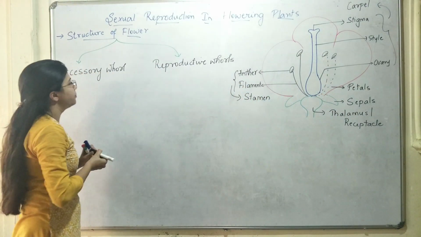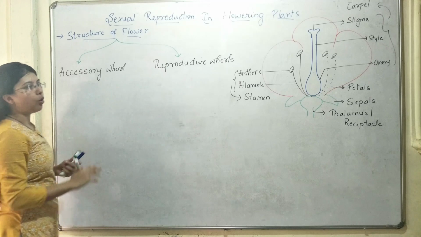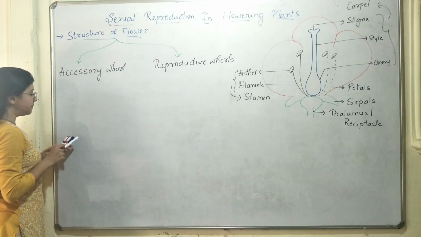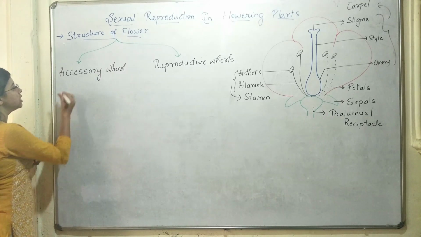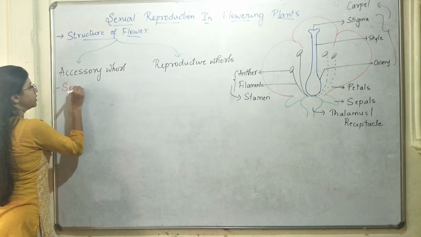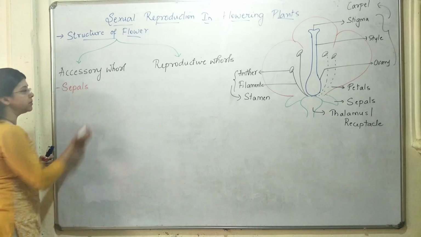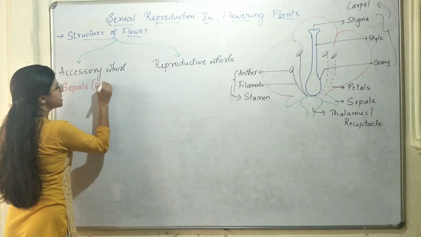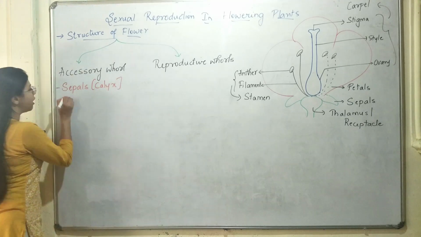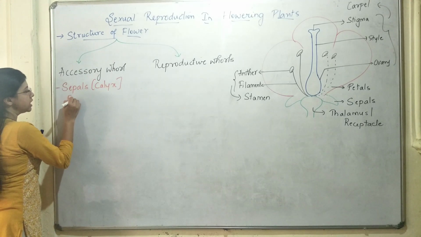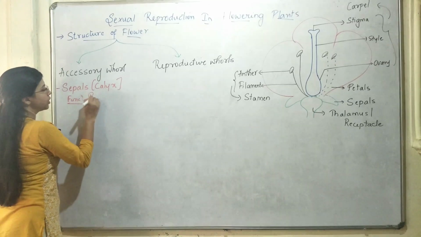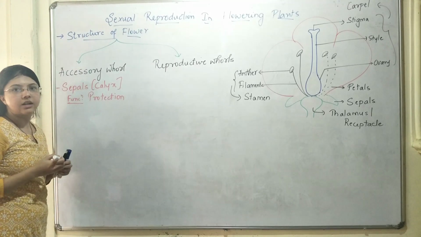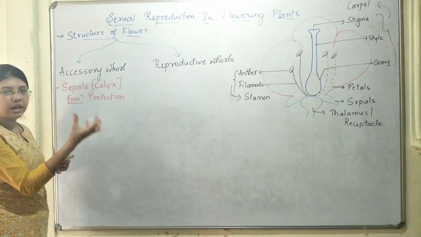Okay. Now out of all these four parts, sepals, petals, carpel and stamen, sepals and petals are included in the accessory whorls. The first accessory whorl is the sepals. Together, all the sepals can be termed as calyx. The function of sepals is to protect the inner whorls, whatever inner parts are attached to the thalamus or the receptacle.